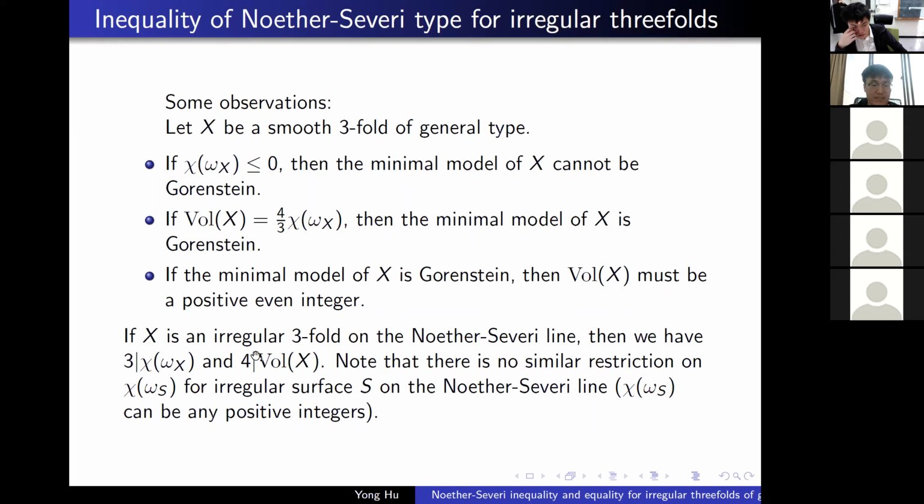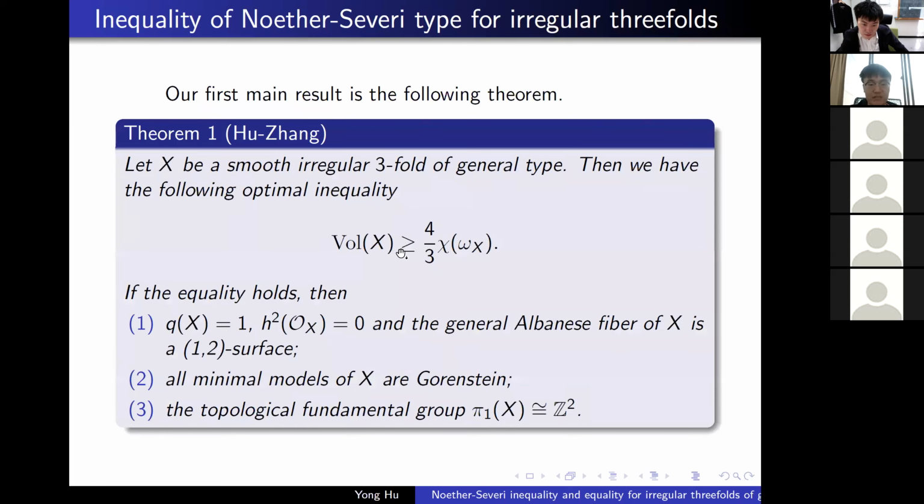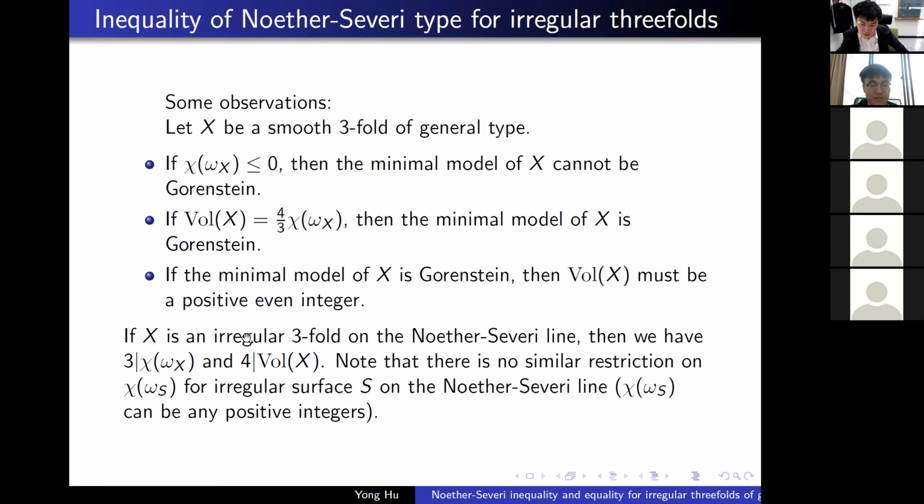And if X is an irregular threefold on the Noether-Severi line, this means that the canonical volume of X is equal to 4/3 chi omega X. If this equality holds, then chi omega X is divisible by 3, and the canonical volume must be divisible by 4.